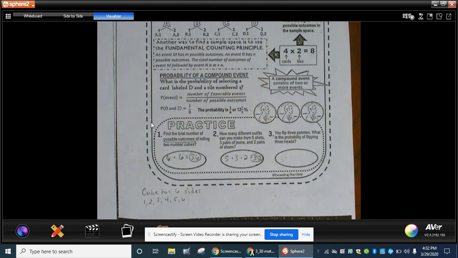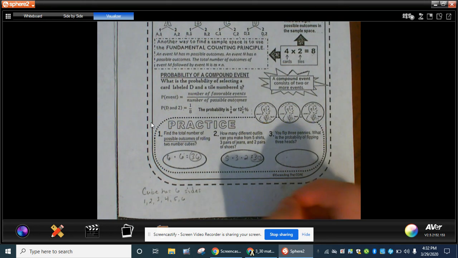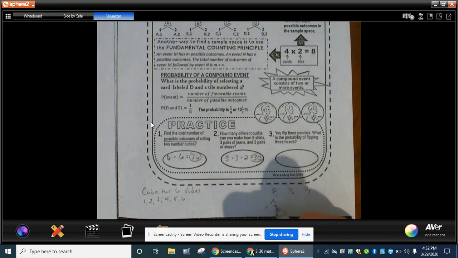It's either heads or tails. So for each penny, penny 1, penny 2, and penny 3, I can flip heads or tails for the first one, the second one, and the third one.